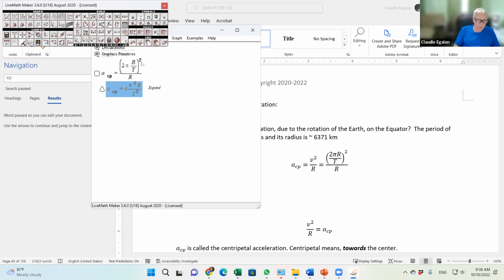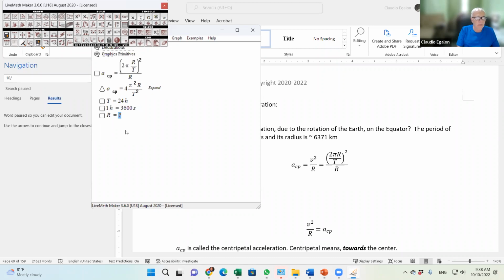And now I'm going to substitute the numbers. T is going to be 24 hours, right? 1 hour is how many seconds? Remember, you always have to change to the main SI units. 1 hour is 3,600 seconds.